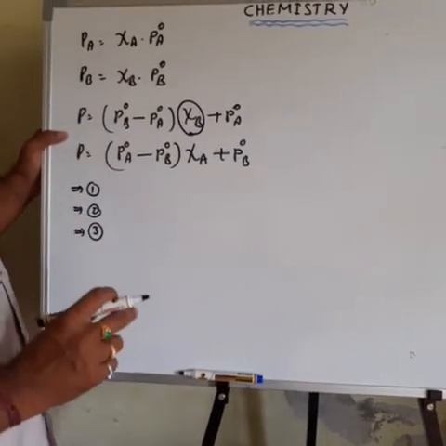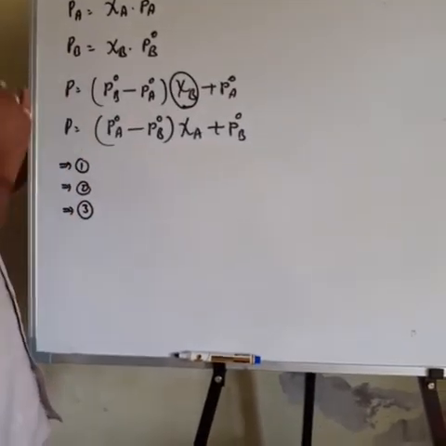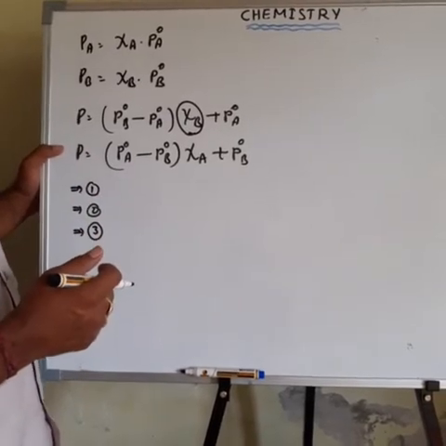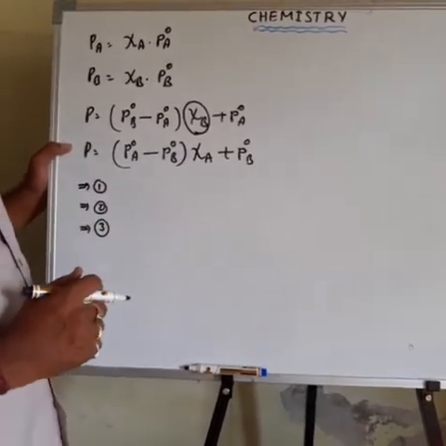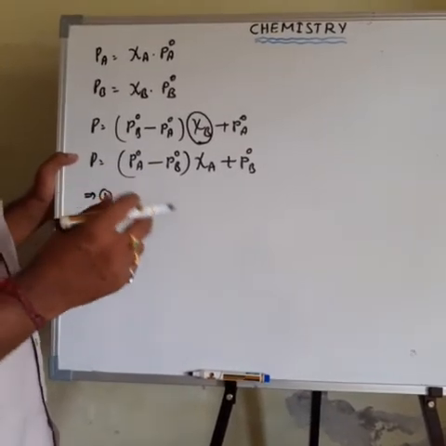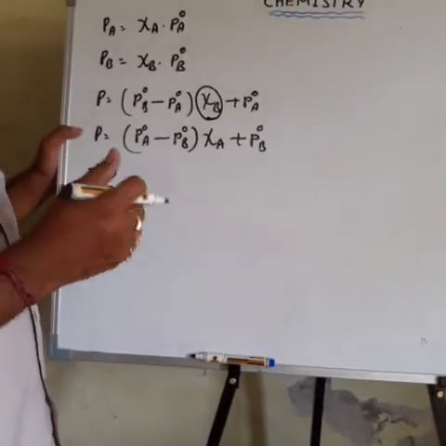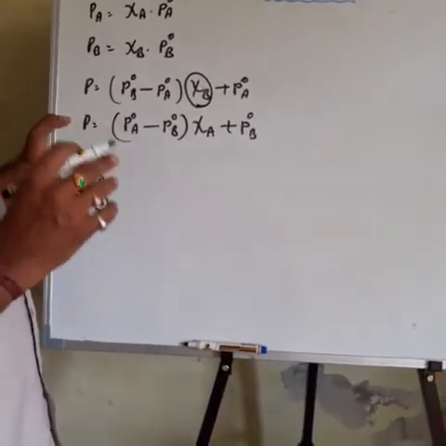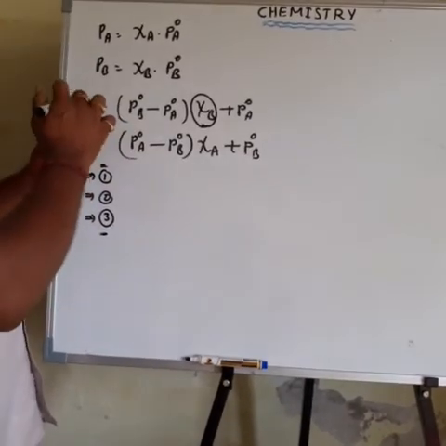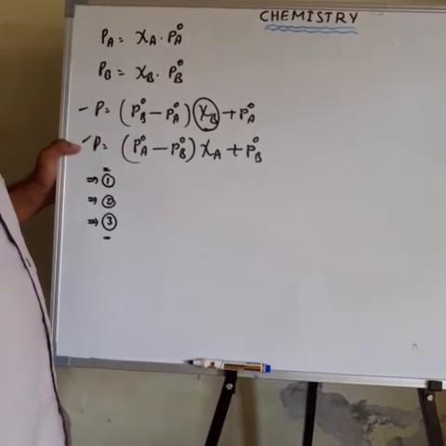Depending on the vapor pressure of the pure components, the total pressure over the solution increases or decreases with increase in the mole fraction of component 1. So these 3 points are obtained from these equations.